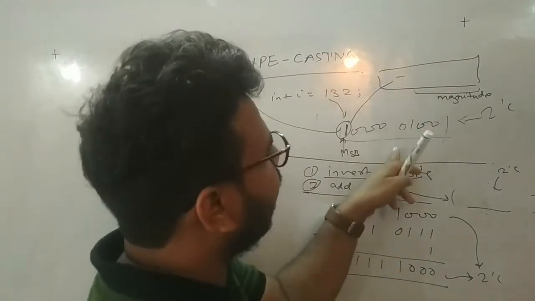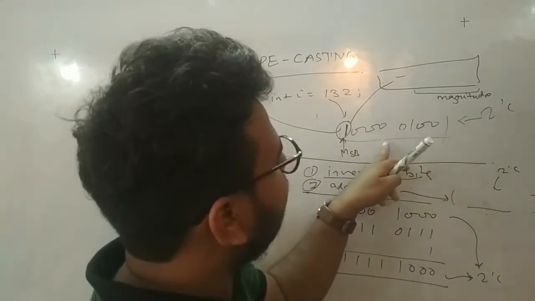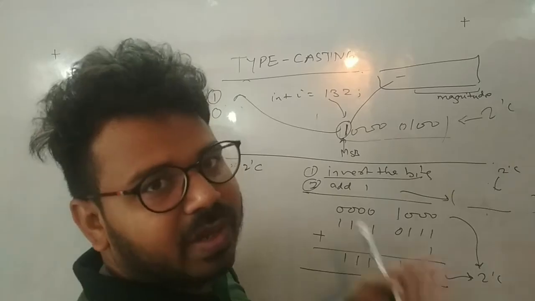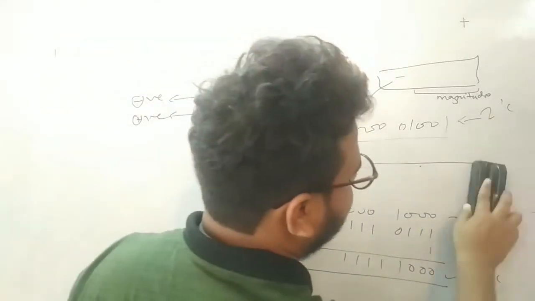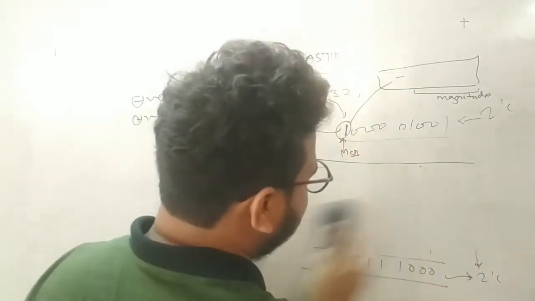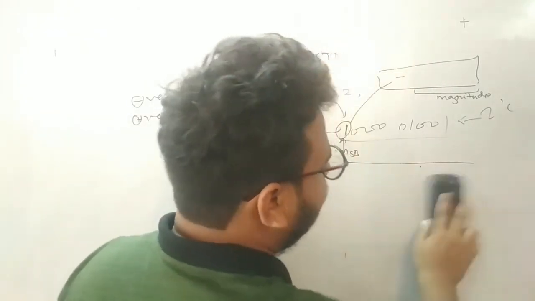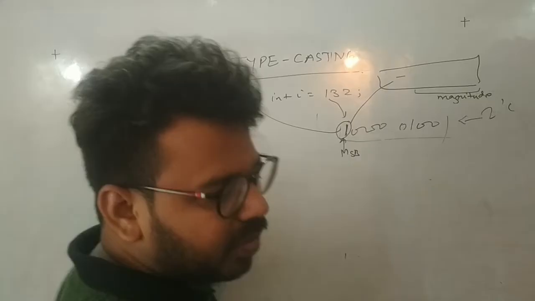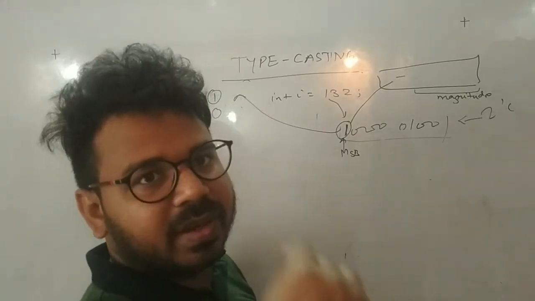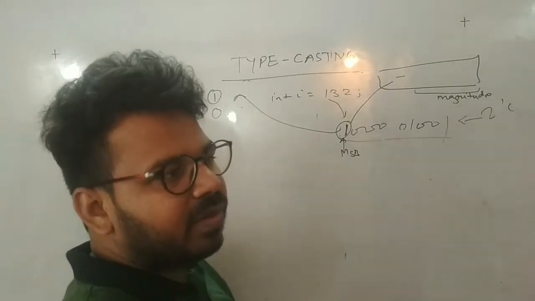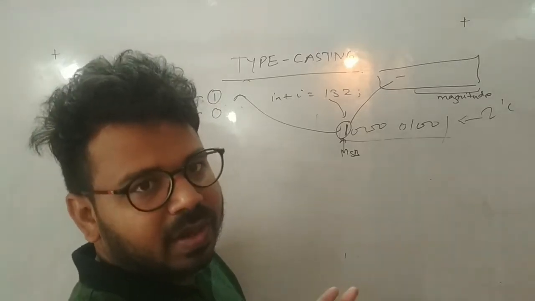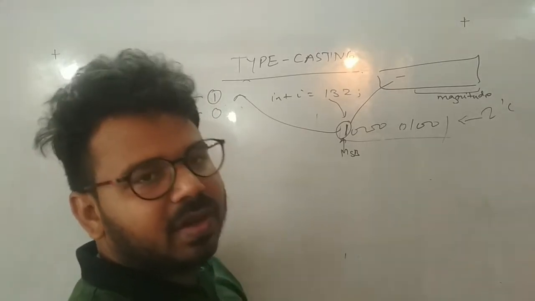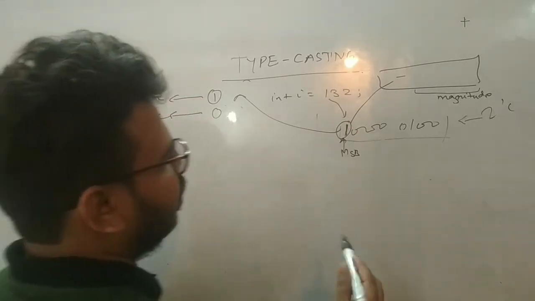So to get the magnitude, we have to reverse the process of the 2's complement. How will we reverse the process? In the 2's complement, we first invert the bits and then add 1. In the reverse, we will first subtract one. After that, we will invert the bits, the reverse process of it.